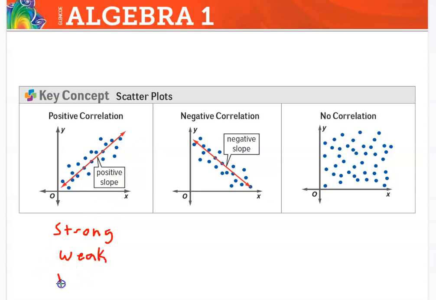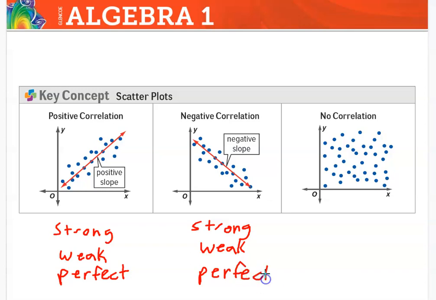You can also have a perfect positive. You can also have a strong, a weak, and a perfect negative correlation. And if it's no correlation, well, it's just, well, no correlation.